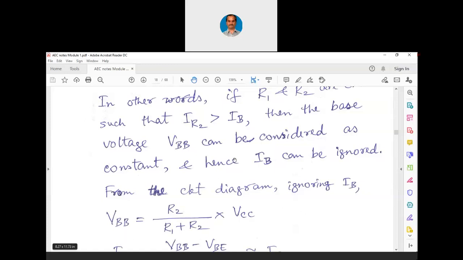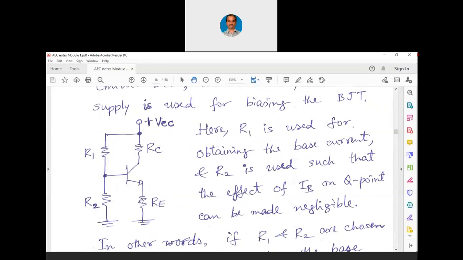Now when we know VBB, we can easily apply all other things. When we know VBB, VE is VBB minus VBE. When we get VE, IE is VE by RE. When we approximate IE with IC, the total equation for the current at the output side is VCC equals IC RC plus VCE plus IE RE, or VCE equals VCC minus IC into RC plus RE.